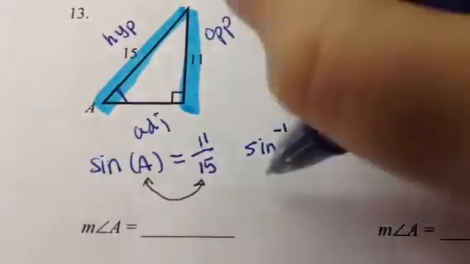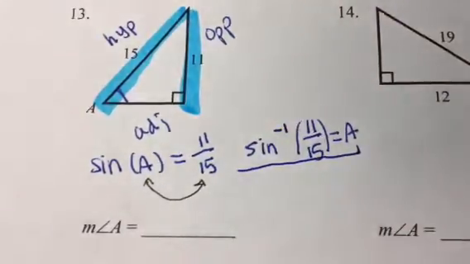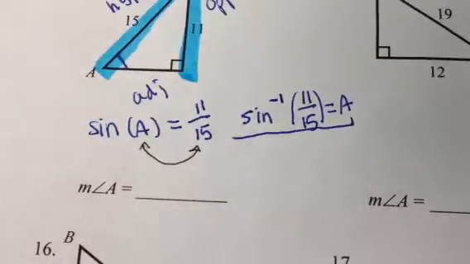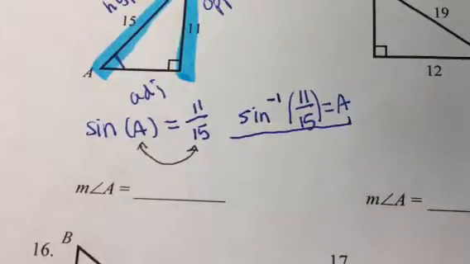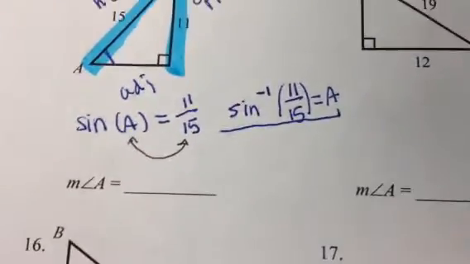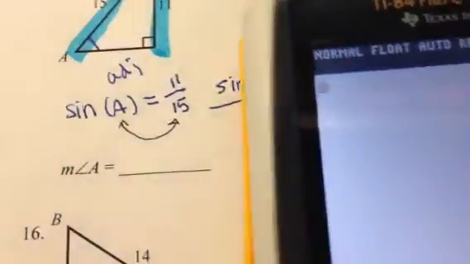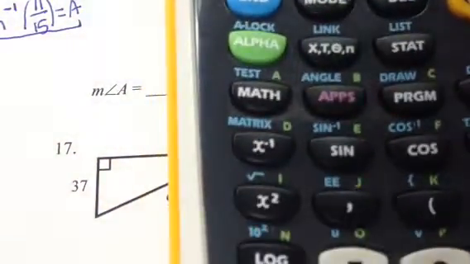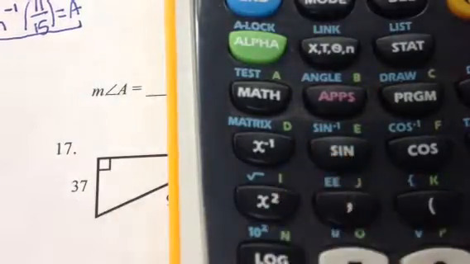This is something that you can put into your calculator. Again, you need to make sure your calculator is in degrees. If it's in radians, it will give you angle A in radians. I'm going to try, I don't think I can put these on the same screen. Squeezing this in here. So we're going to enter this, the inverse sine of 11/15 equals A. On the graphing calculator, you're just going to hit the second menu, in mine it's blue, and then you'll hit that sine button.